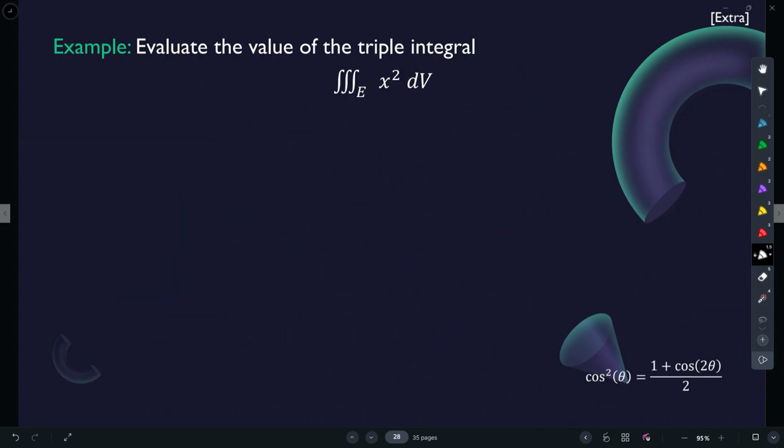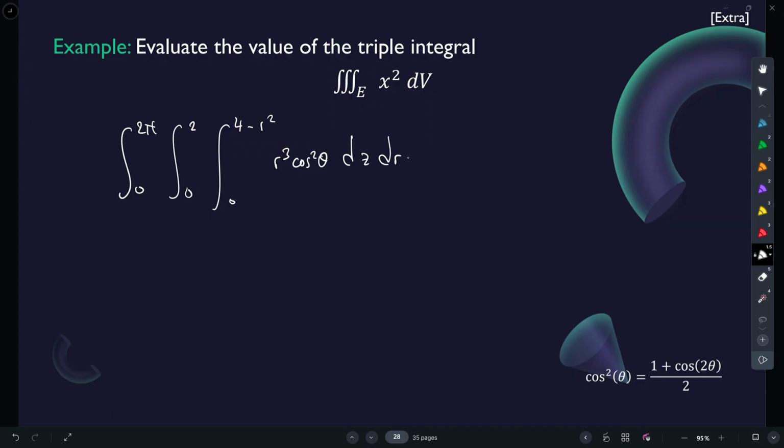Okay, so let's do the integral. I have to integrate from 0 to 2 pi, 0 to 2, 0 to 4 minus r squared, r cubed cosine square of theta, dz dr d theta. With respect to z, this is the integral from 0 to 2 pi, 0 to 2.